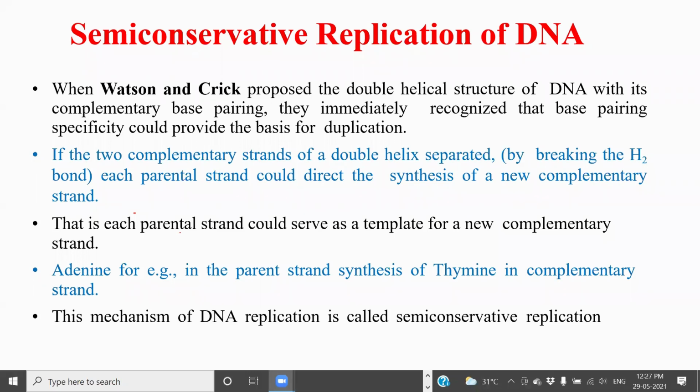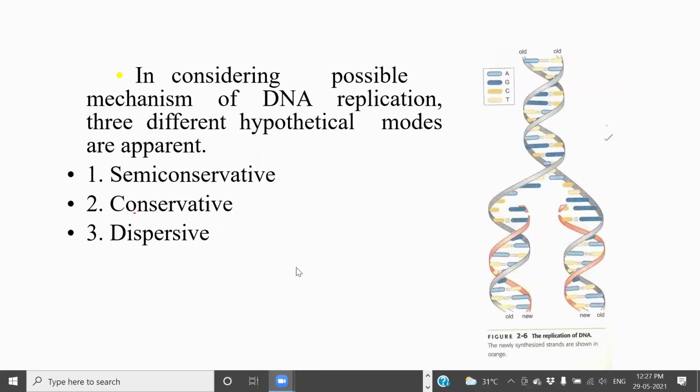But it might take place by the semi-conservative mode, so that the two complementary strands of the DNA separate by breaking the hydrogen bonds, and each parental strand serves for the synthesis of a new strand. This is the semi-conservative mode of replication.